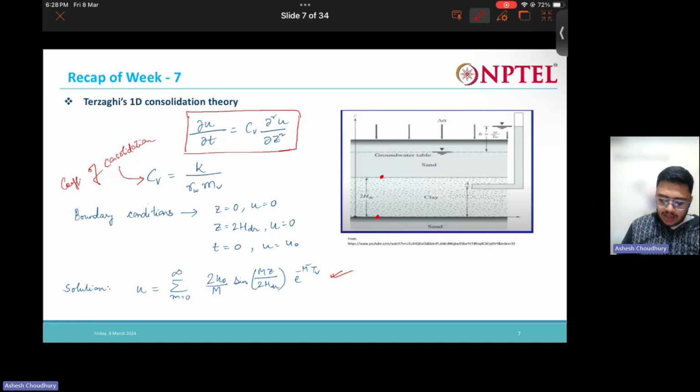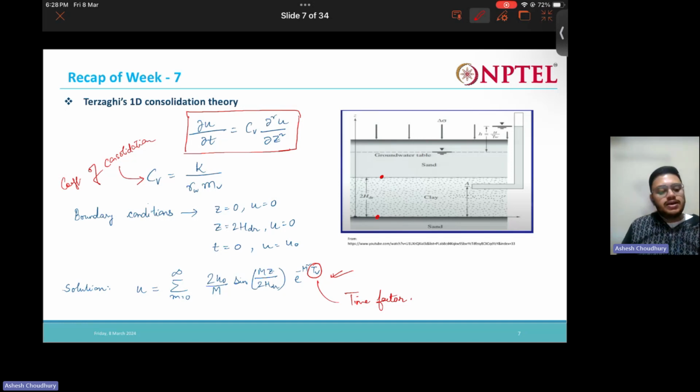In this solution, a term to which we have to give importance is this TV. This TV is nothing but the time factor, which relates to how much time the pore water pressure dissipation is going to take, and that means it also relates to the amount of consolidation settlement.